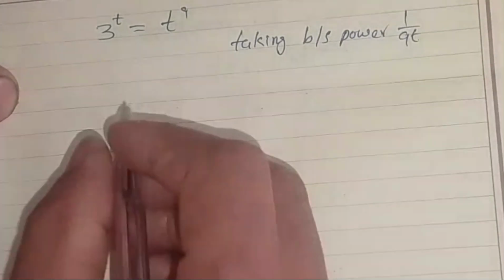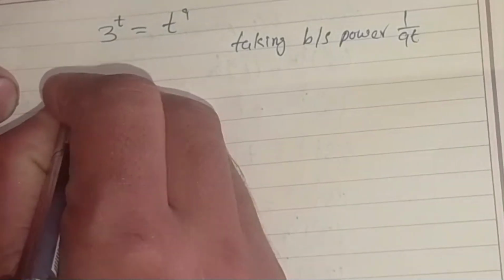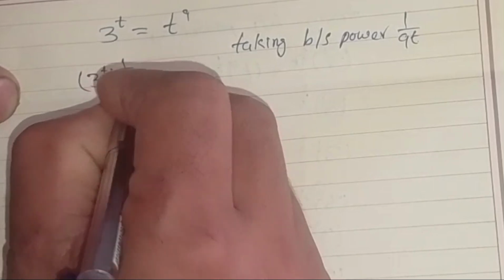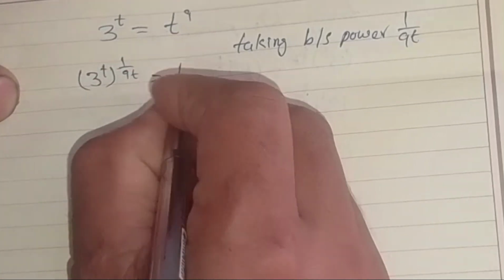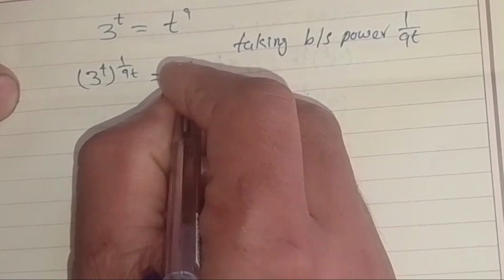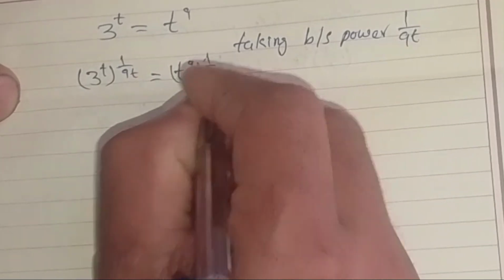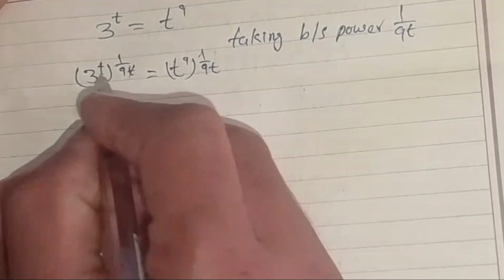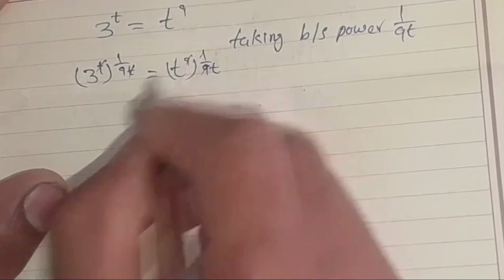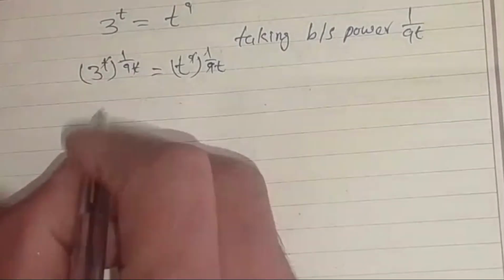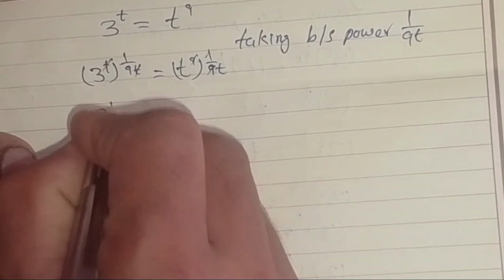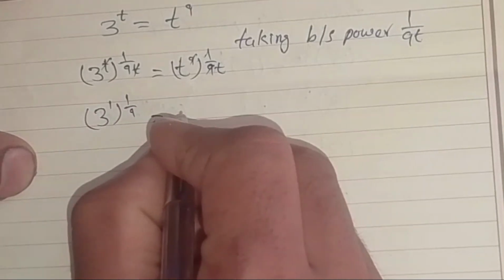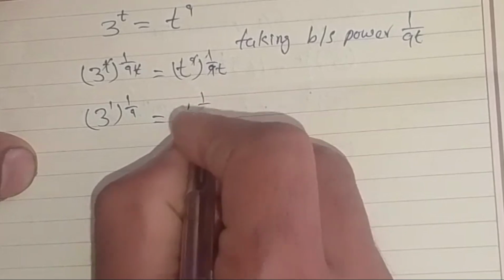So they give us 3 power of t power of 1 over 9t equal to t power of 9 power of 1 over 9t. Now this t cancels with this t and this 9 cancels with this 9. So 3 power of 1 over 9 equal to t power of 1 over t.